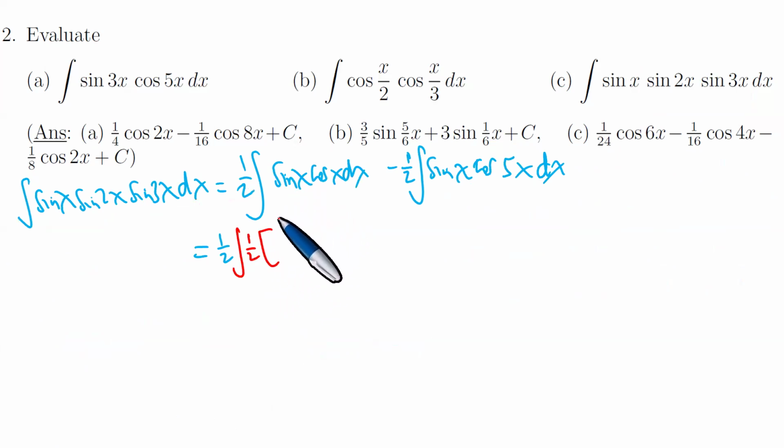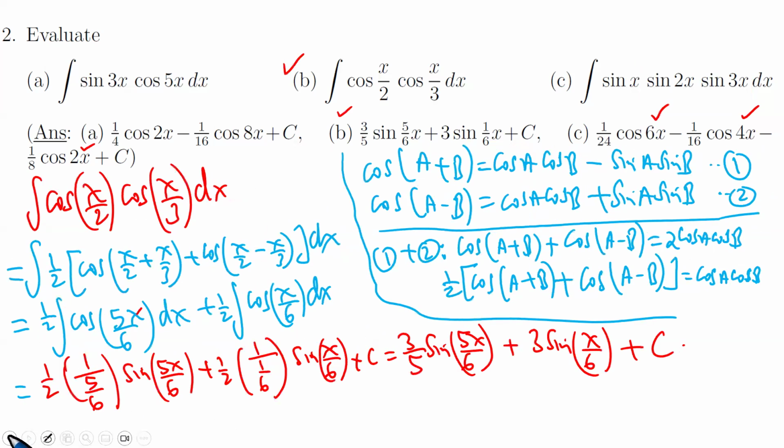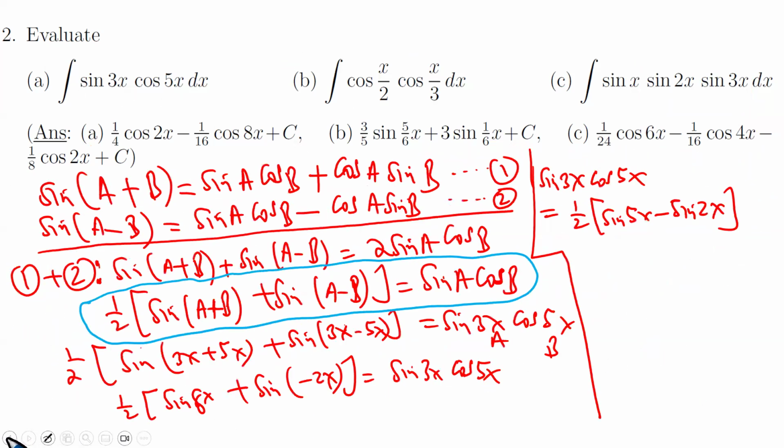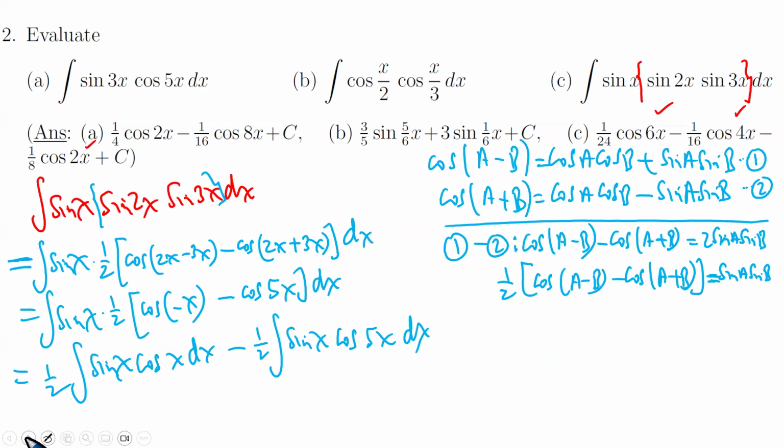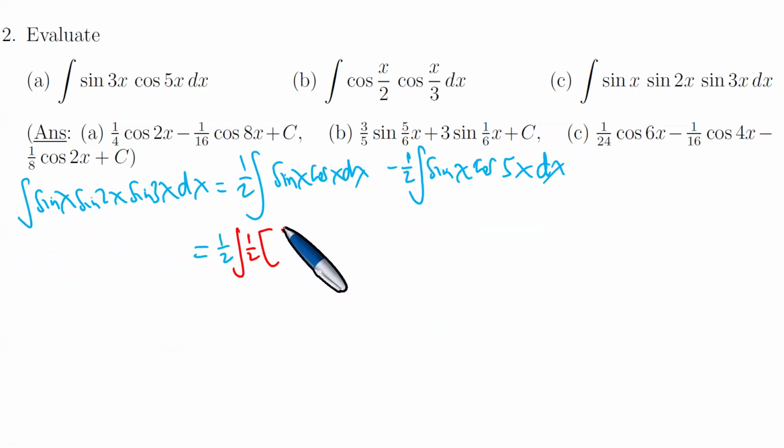You add up the angles, because if you have sine cosine, then it becomes sine sine, but you add up and then subtract. Okay, you add up and then you subtract.